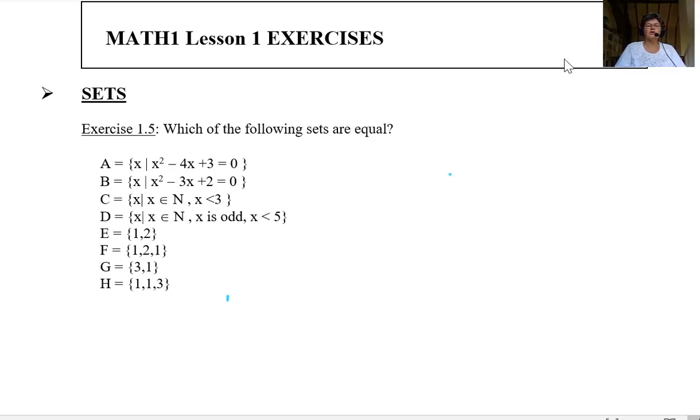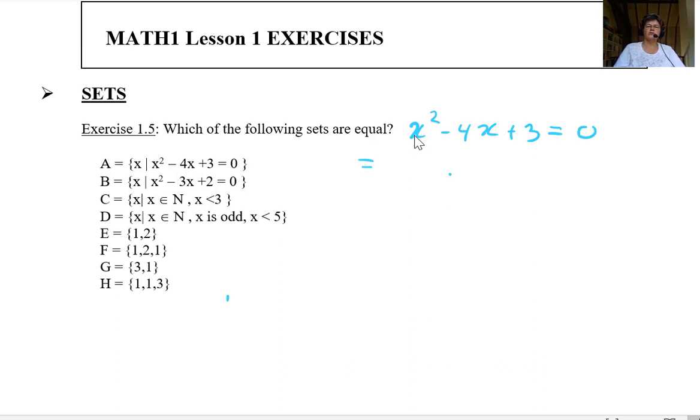The question is, which of the following sets are equal? So let's look at the first one. We need to figure out what is the content of A. Then we have to go back to our high school knowledge, and figure out for which x this statement will give us a true answer.